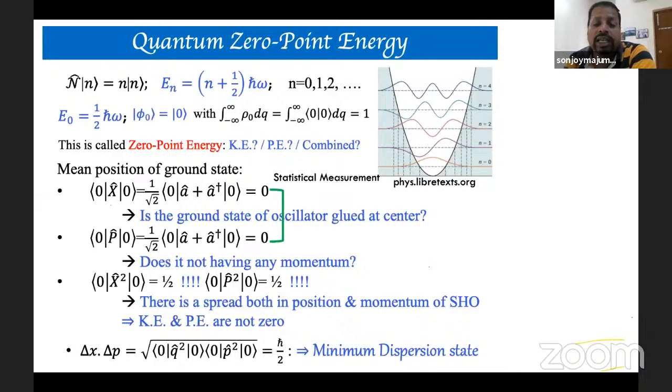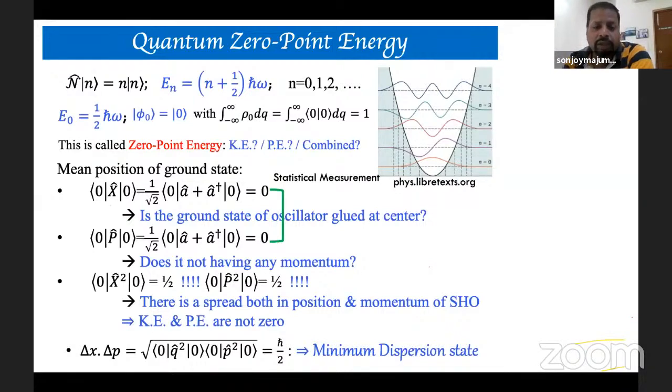That is why this state is also known as the minimum dispersion state, or the minimum uncertainty state. The advantage is that if you keep the system at the ground level for a long time, you can make sure that your dispersion stays at the minimum level, so it will not spread as you are expecting. That's the advantage of working with the ground state.